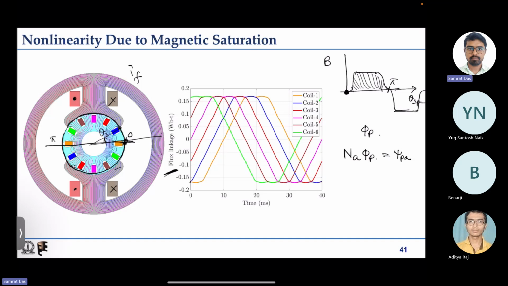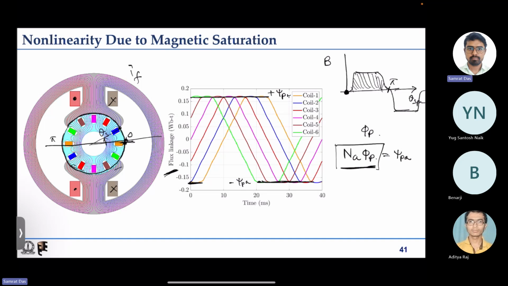This is plus psi peak of the armature coil, and this is minus psi peak of the armature coil. As the rotor rotates, the flux linkage varies between plus psi peak and minus psi peak.